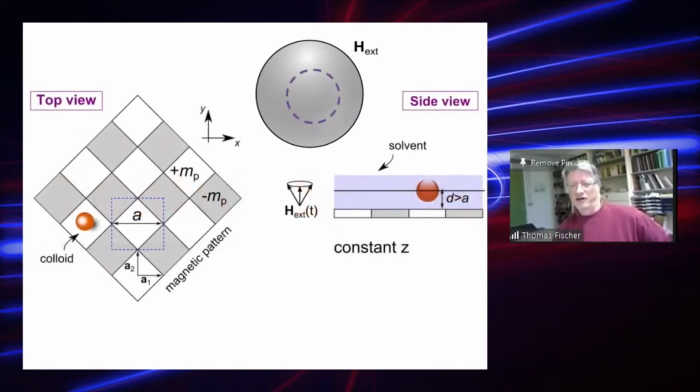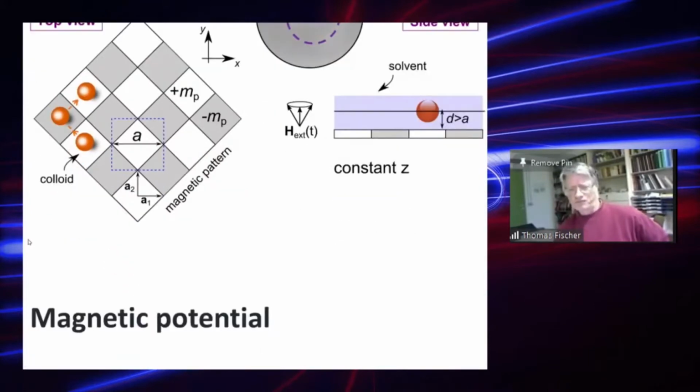And the funny thing is, if we apply a loop, which is to say that we go around this point, then the field returns to its initial position, but the colloidal particle will not return to its initial condition, but will be transported by a lattice vector.